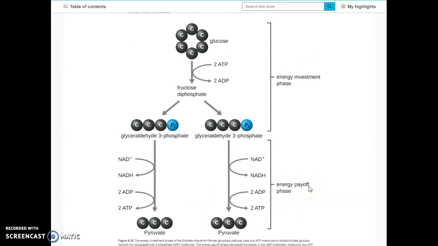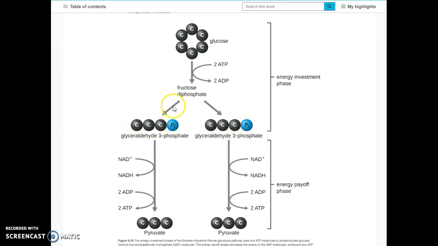Okay, so if we look at this process, we start with our 6-carbon sugar glucose, and this is going to require some energy. This is called the energy investment phase. We're going to put in 2 ATP. We're going to strip off those phosphate groups to end up with ADP. So this is that dephosphorylation that I talked about in the last video.